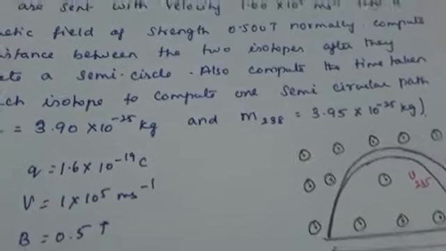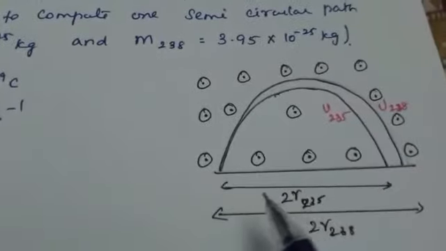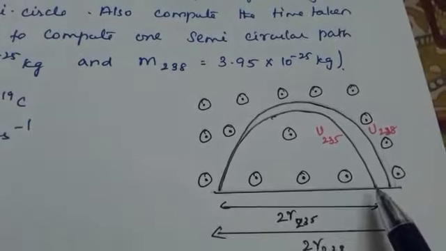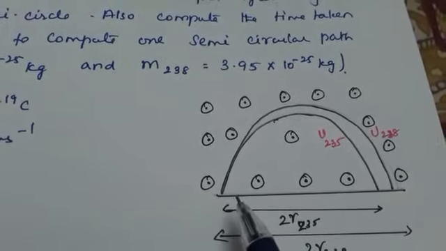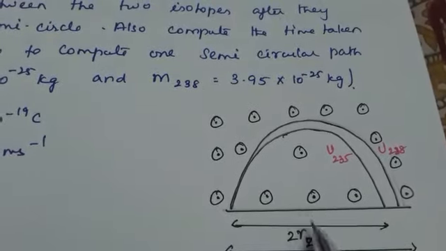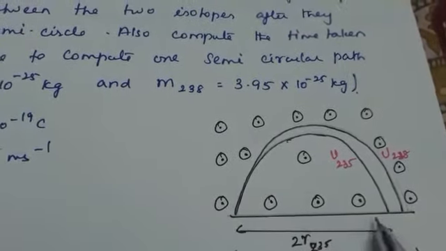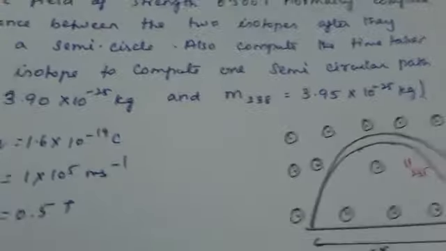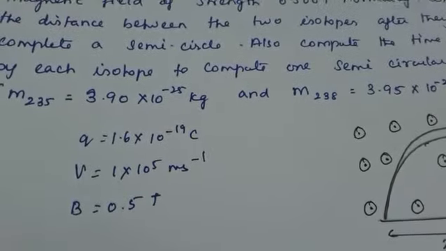Now we can first find out the radius of the uranium-235. Here in this case we need the diameter, which is 2r. So first we can find the radius and then we can find the diameter. Now we'll go for finding the radius.